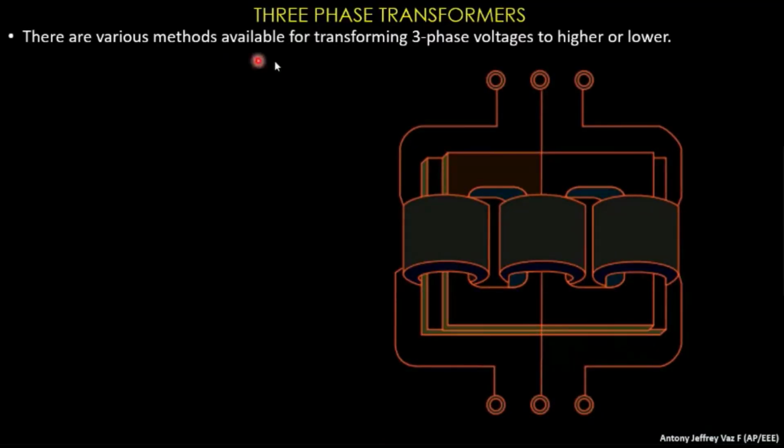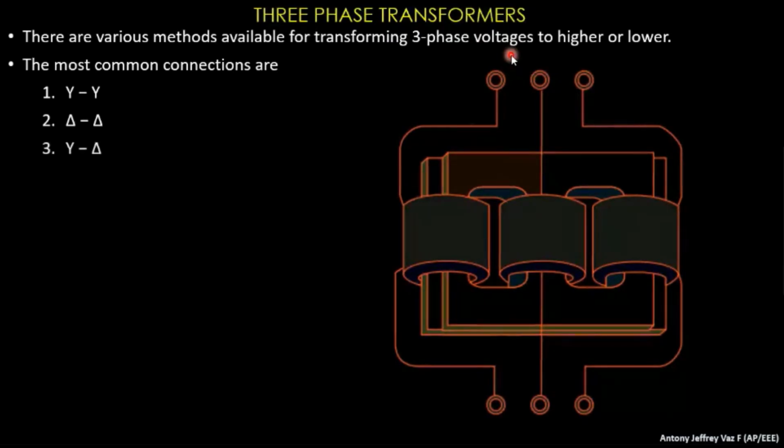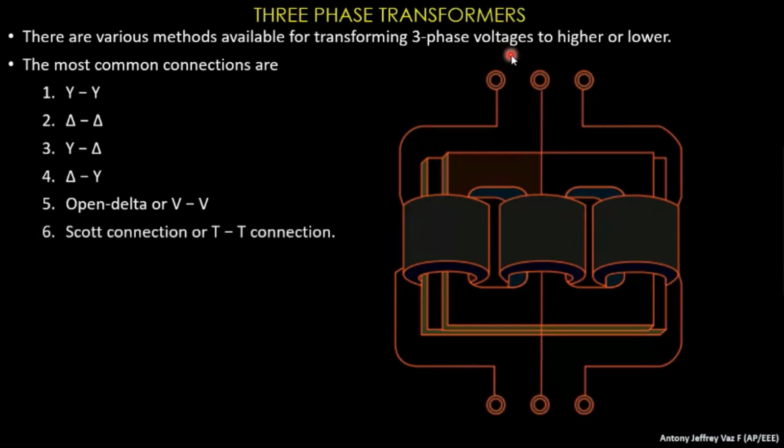There are various methods available for transforming three-phase voltages to a higher level voltage. The most common connections are star-to-star, delta-to-delta, star-to-delta, delta-to-star, and open delta or VV connection. Another one is the Scott connection or TT connection.